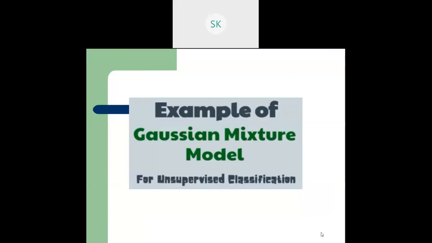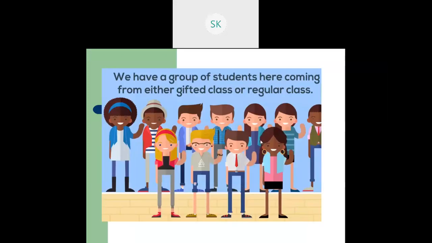Now this is the next and last topic, the Gaussian mixture model, which is unsupervised classification. Instead of theory, I will start directly with an example of how the Gaussian mixture model works. Let's consider a group of students coming from either gifted classes or regular classes in a school or college, based on their previous academic year.